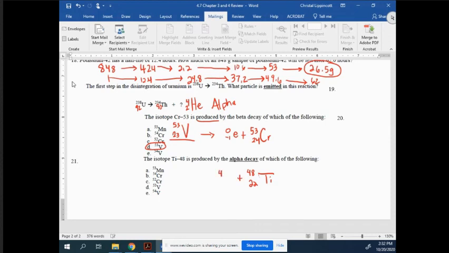So that's 4 to helium. And if I look on here, this would have been 24 on the bottom, and on the top would have been 52. So which one of these has 52? Well, we're hoping that chromium is number 24, which it is. And that means that that is our correct answer.